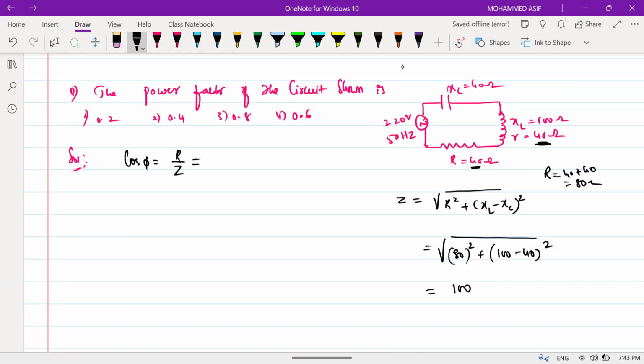Clear? So cos phi is equal to 80 divided by 100. Generally students will write 40 divided by 100. So 0.8 will be the answer. Clear?